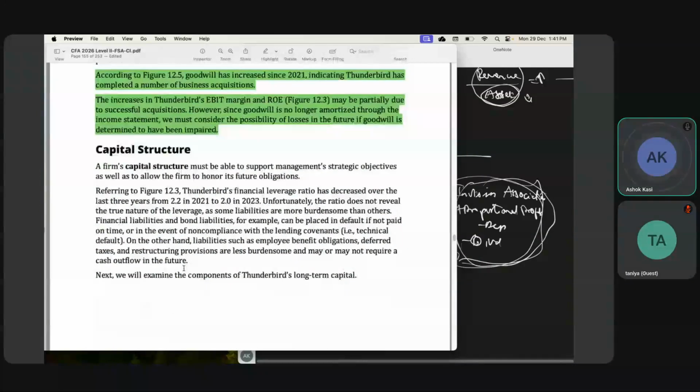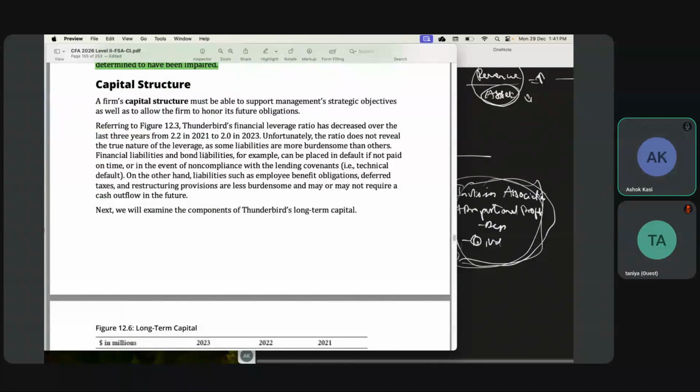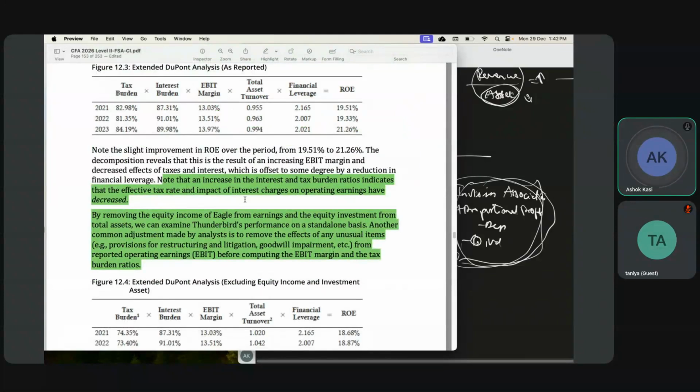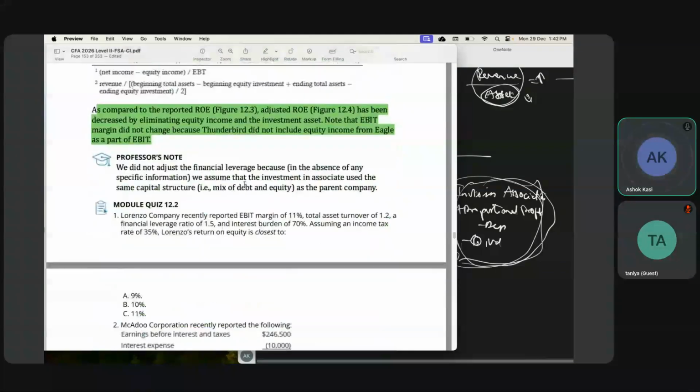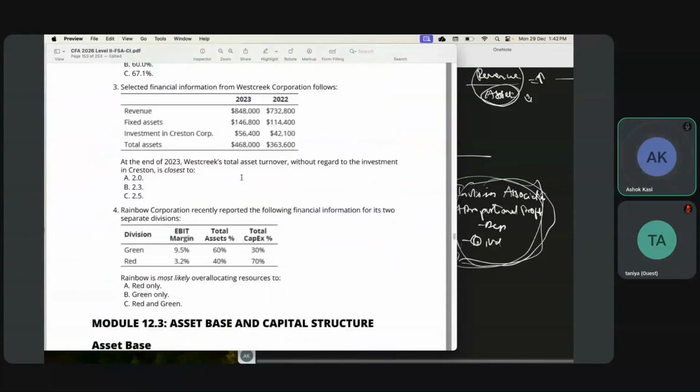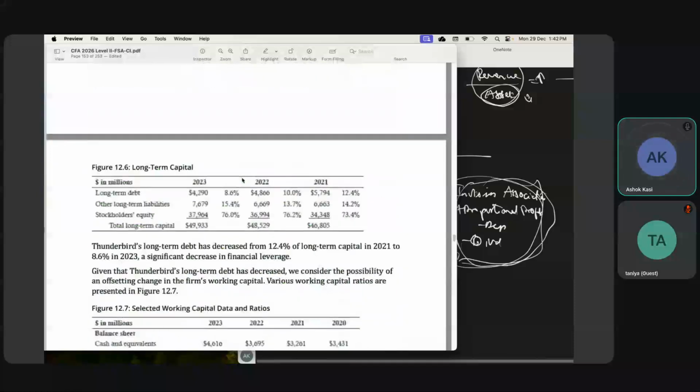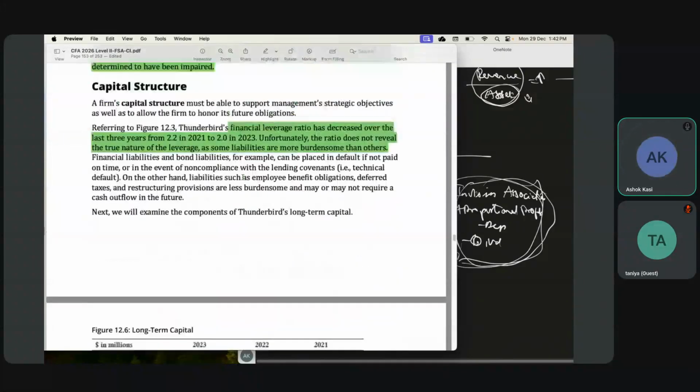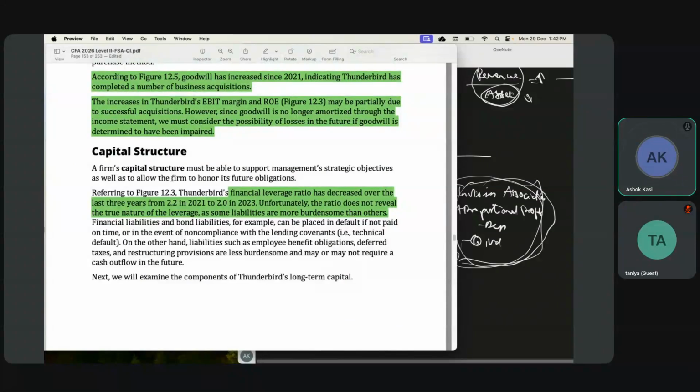Then next is capital structure. So in capital structure, the financial leverage ratio. Thunderbird's financial leverage ratio has decreased over the last 3 years.